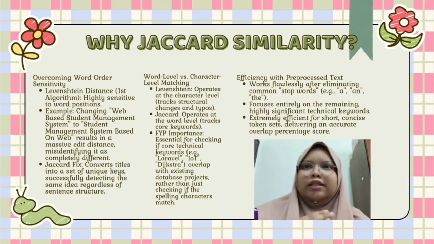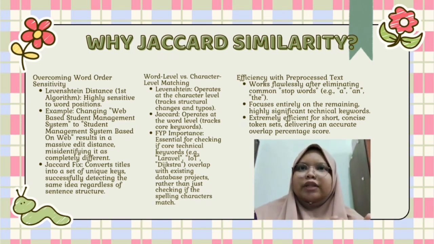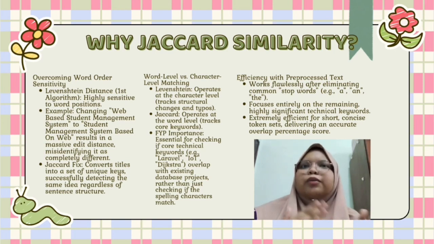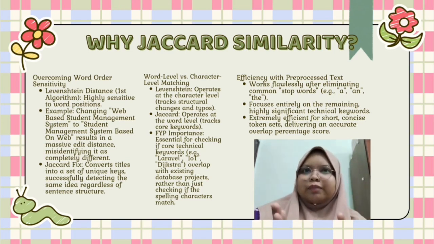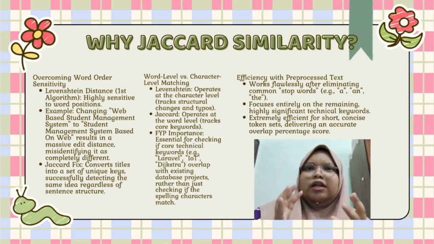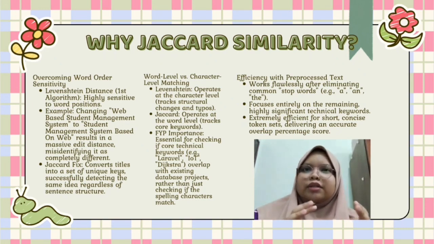regardless of sentence structure. For word level versus character level matching, Levenshtein operates at the character level, which catches structural changes and typos, whereas Jaccard operates at the word level, which tracks core keywords. FYP importance: it is essential for checking if core technical keywords, for example Laravel, IoT and Digistrat, overlap with existing database projects rather than just checking if the spelling characters match.